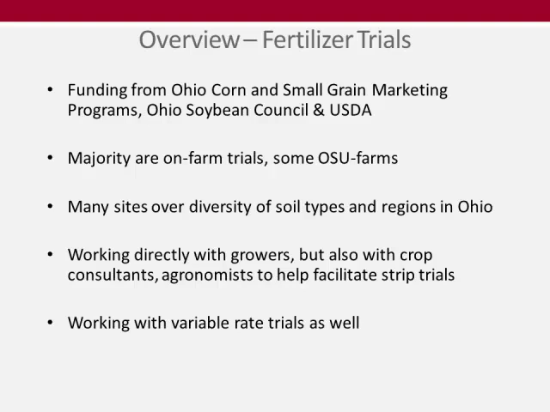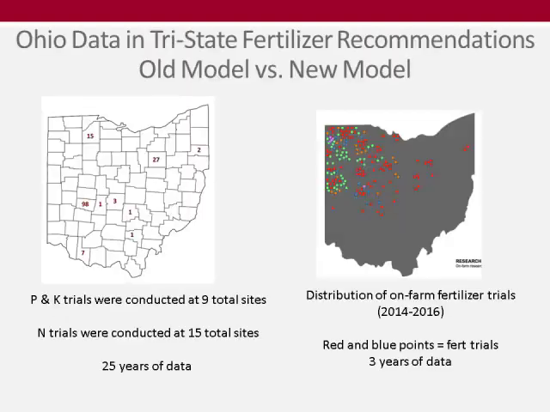Because it's not just about the process of generating a recommendation. We can generate all the recommendations we want, but what we really want are the people that are out there actually telling a grower what to apply. We want them to buy into this and understand the process, and if they're running trials for us, we're going to have a lot better chance of success if they can see what we're doing, right?